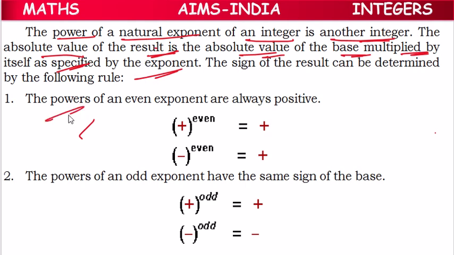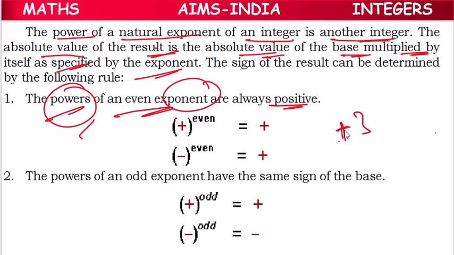So here the powers of even exponents are always positive. Means if you have plus 3 whole square, means we have even exponent here. 2 is the exponent, but it is an even number.